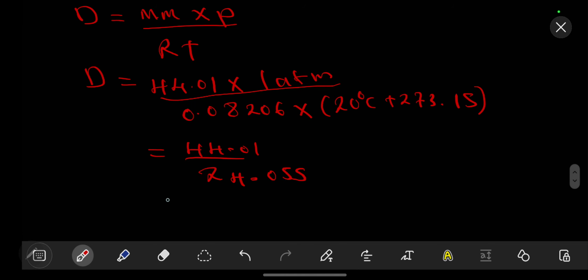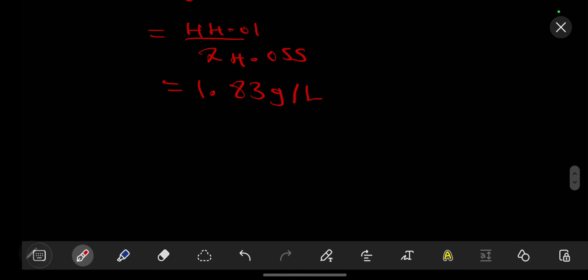So when we divide this, we are going to get 1.83 grams per liter. So if we have this amount, we are going to form another relationship.